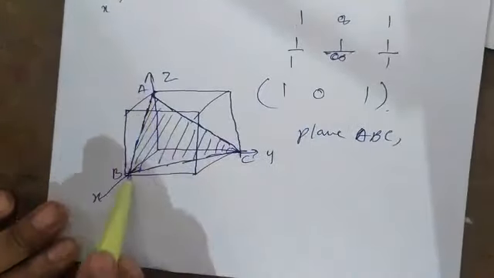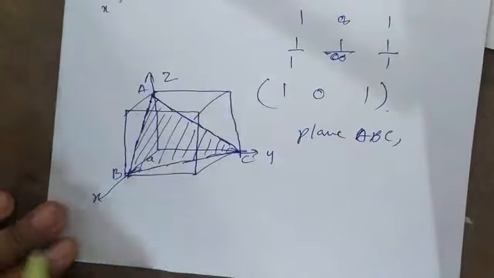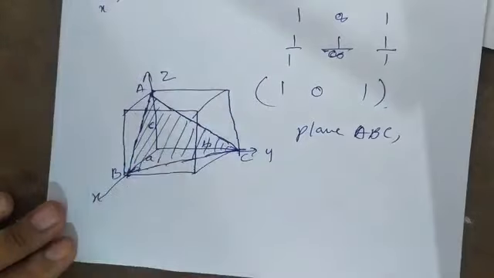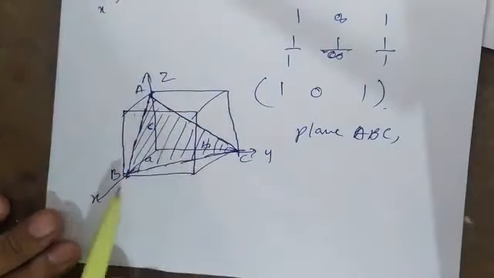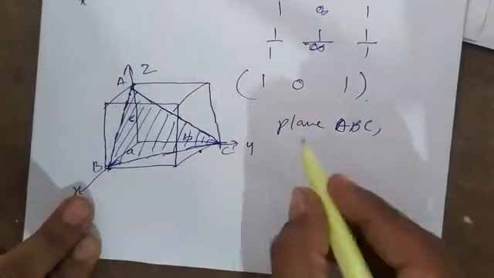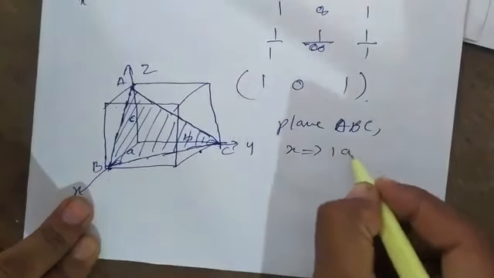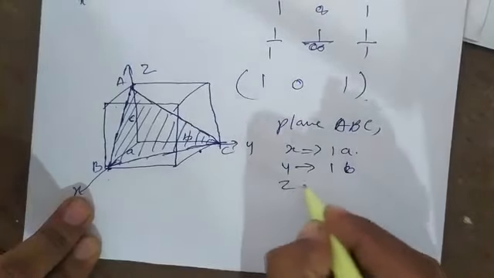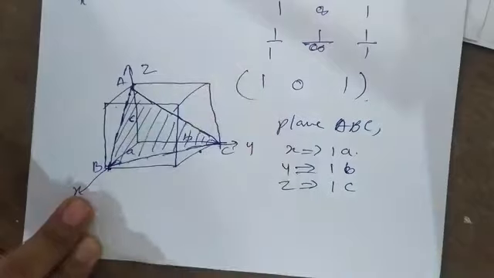This plane touches the x-axis at a, the y-axis at b, and the z-axis at c. We are considering a cubic crystal, which means a equals b equals c. Therefore the intercept of this plane is 1a along the x-axis, 1b along the y-axis, and 1c along the z-axis.